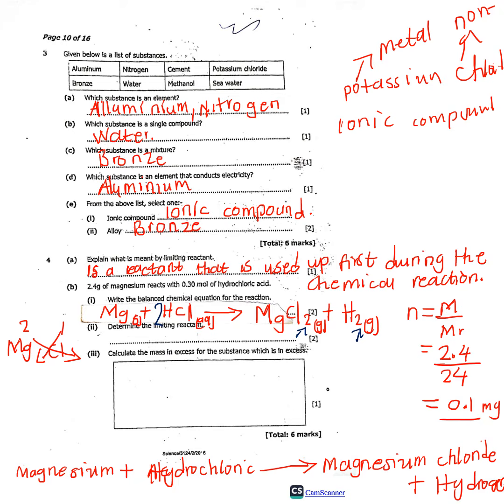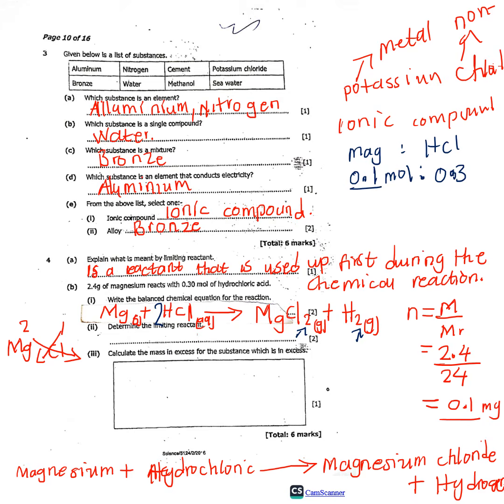After finding the number of moles for each reactant, we need to divide by the mole ratio. Let's look at magnesium and HCl here. The number of moles for magnesium is 0.1, and the number of moles for HCl, the given, is 0.3.